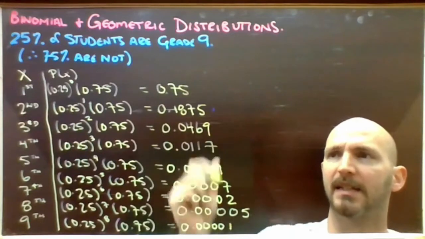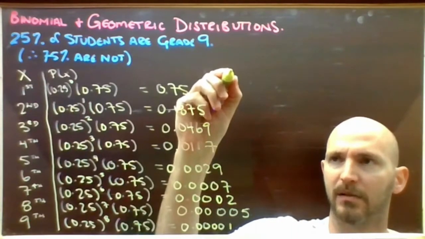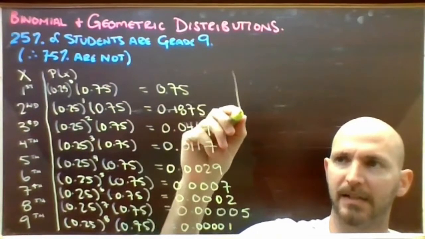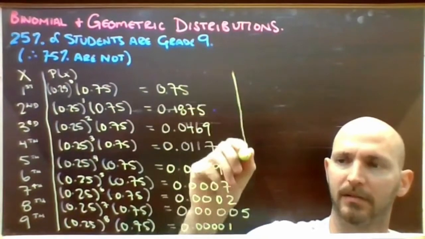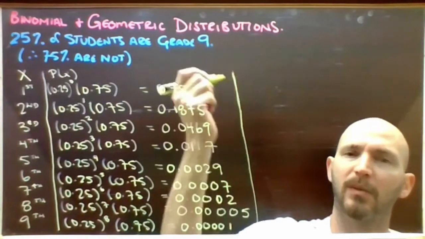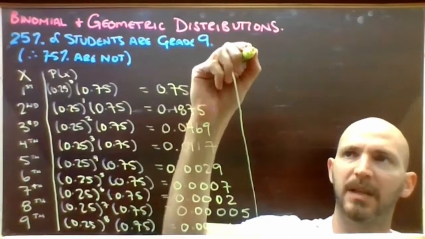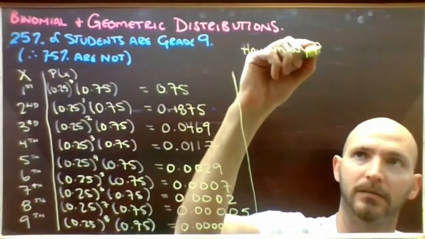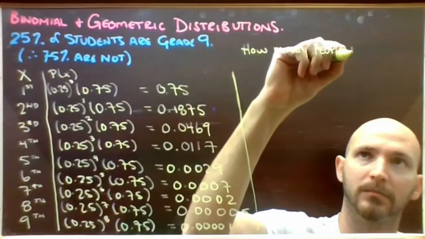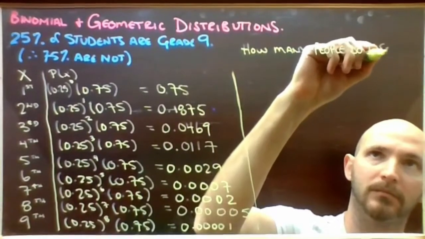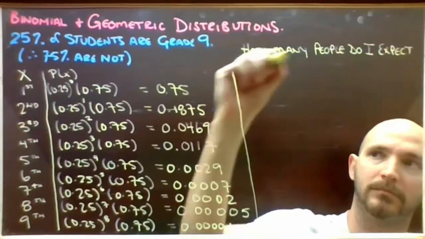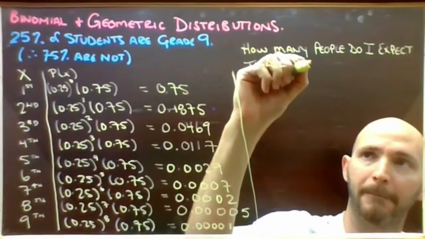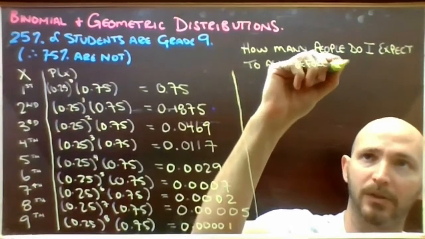The last thing I need to ask is what is the expectation? Right, so how long would I have to wait? How many people do I expect to ask before I find someone who is not in grade 9?